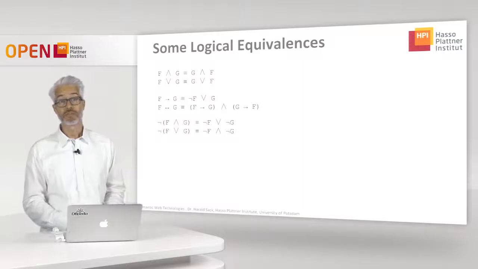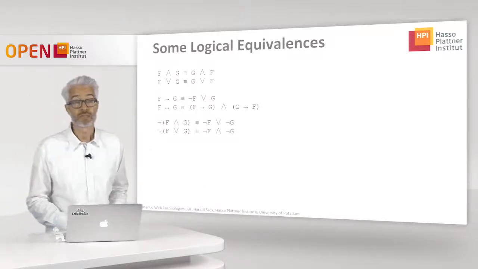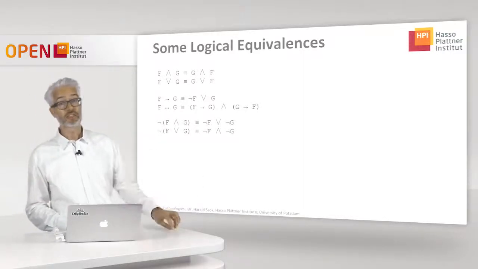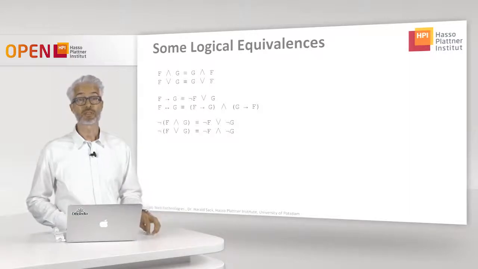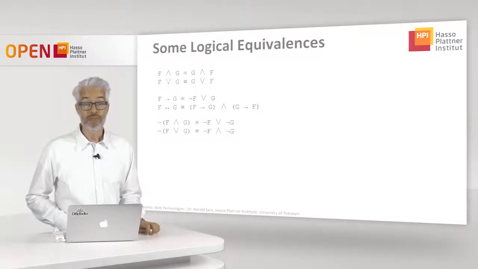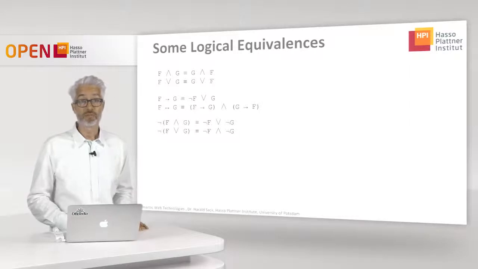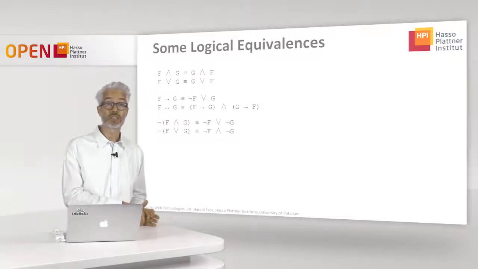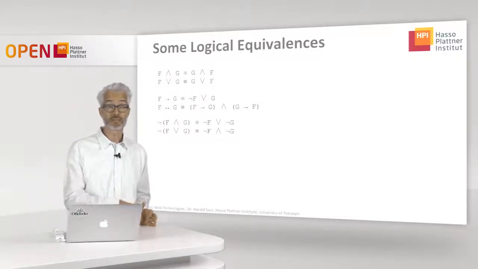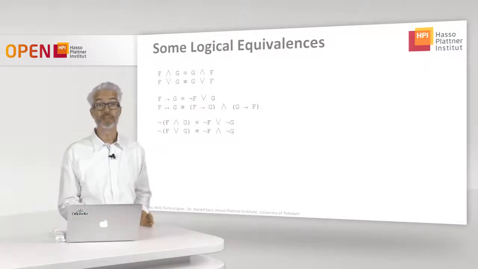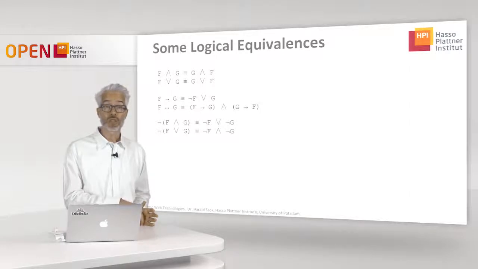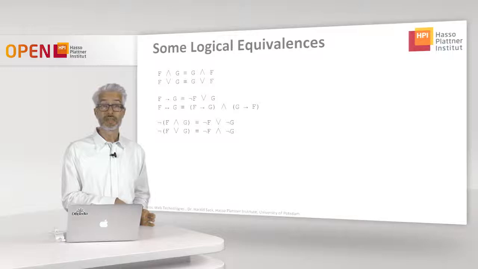Then, of course, for applying these algorithms, usually the negation should be in front of atomic expressions. For that, you need means to get these negations inside, for example, braces or inside complex expressions like you see here. So in the first case, you change a conjunction into a disjunction, while of course negating at the same time both of their arguments.